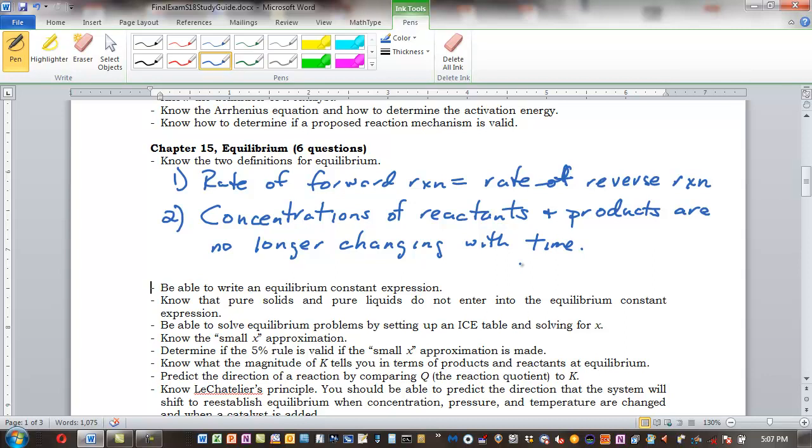The concentrations of reactants and products are no longer changing over time. And that's a consequence of rate forward equaling rate reverse. If reactants are going to products at the same rate that products are coming back to reactants, those concentrations will no longer be changing.